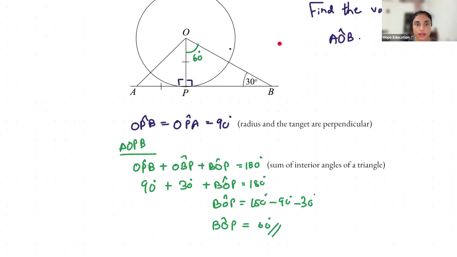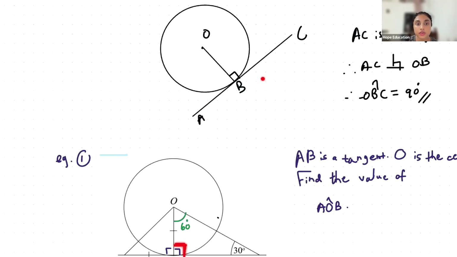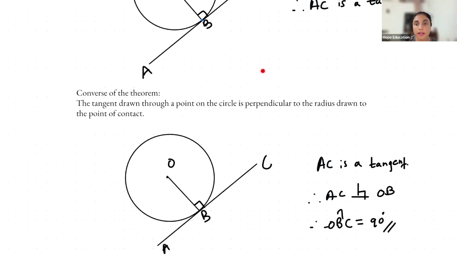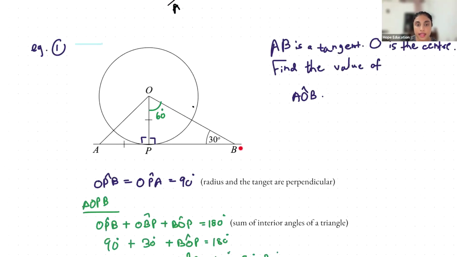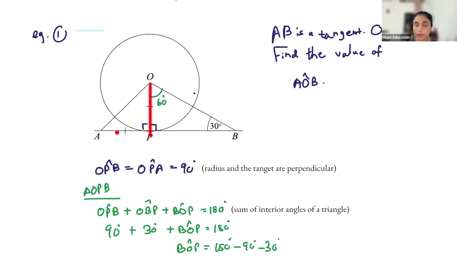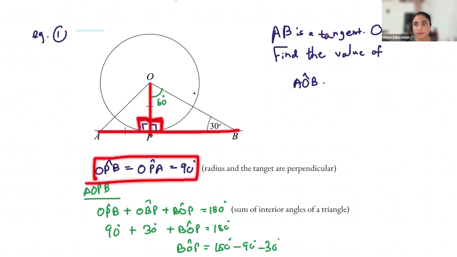Now this is the radius and this is the tangent. It's given that AB is a tangent, so this angle is 90 degrees, right? Because a tangent drawn through a point on the circle is perpendicular to the radius. So this is the radius, this is the tangent, so they should be perpendicular. Therefore, angle OPB and angle OPA should both be 90 degrees. Is that part clear?